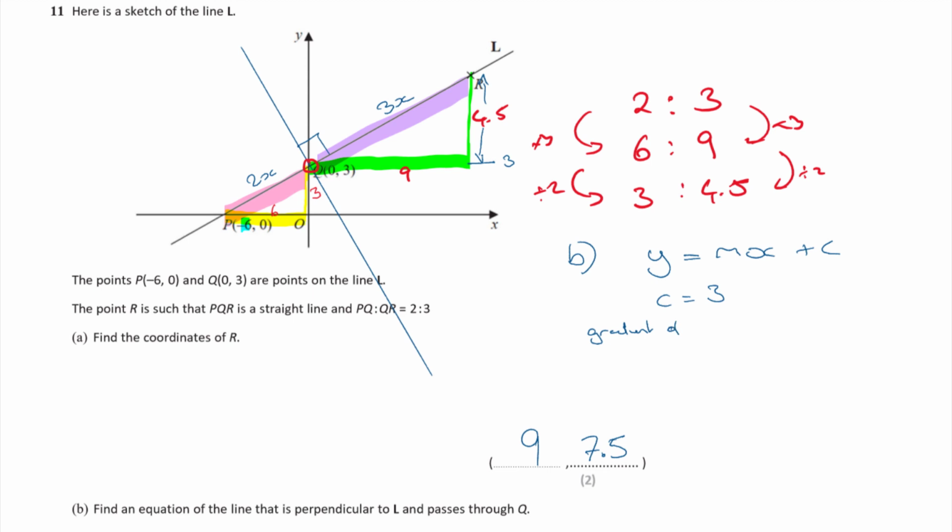The gradient of L, which I'm going to call m1, is going to be change in y divided by change in x. Now I'm just going to take the first triangle because the numbers are easier. So if you remember, it was 3 units up and 6 units along from P to Q. So the change in y, 3, divided by the change in x, 6, gives me a gradient of a half.